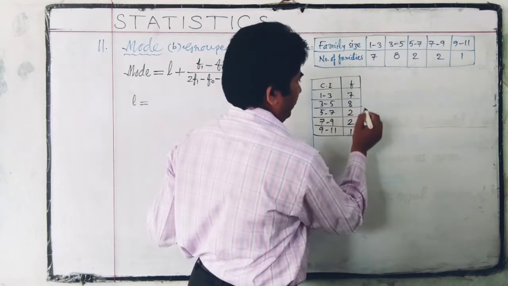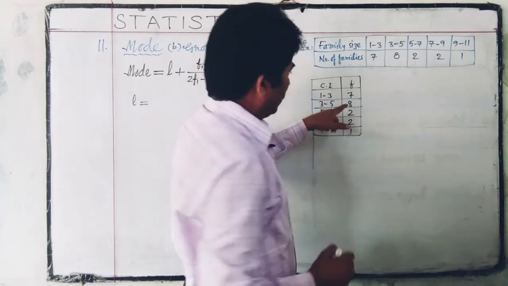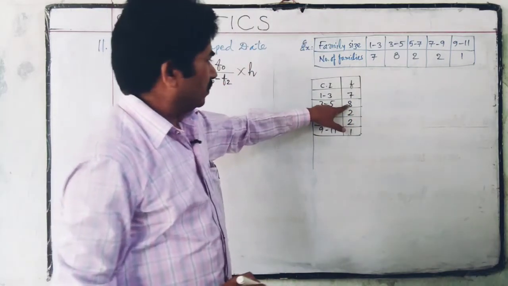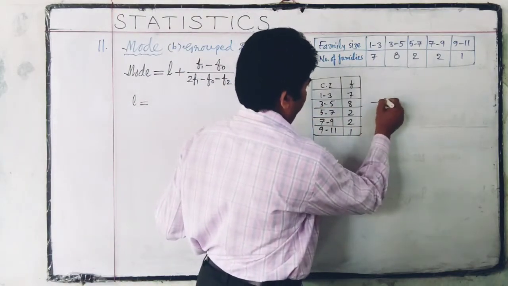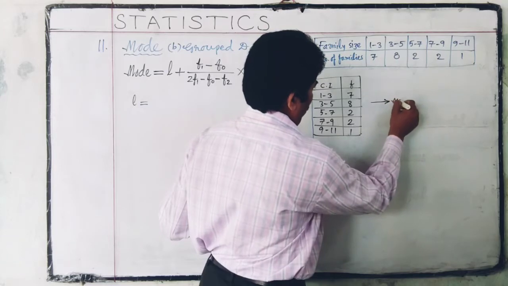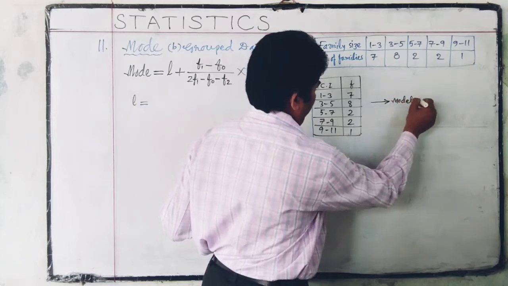So this 8 is the maximum number, so this is called the modal class.